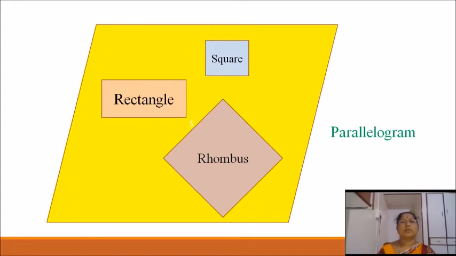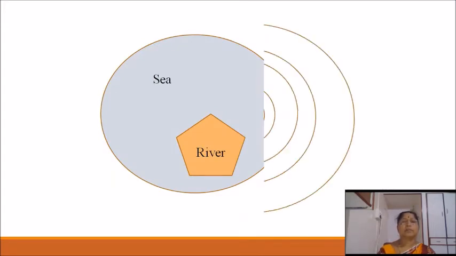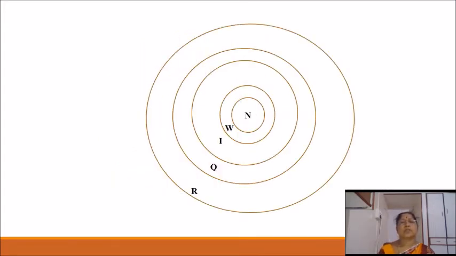It includes square, rectangle, rhombus. We know that square, rectangle, rhombus are all parallelograms. Now next, sea and river. Next, the set of natural numbers, set of whole numbers, set of integers, set of rational numbers, and set of real numbers.